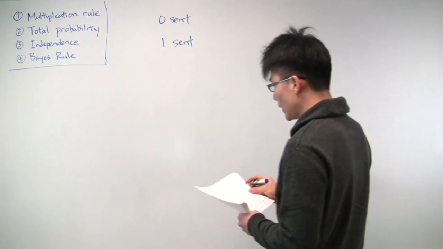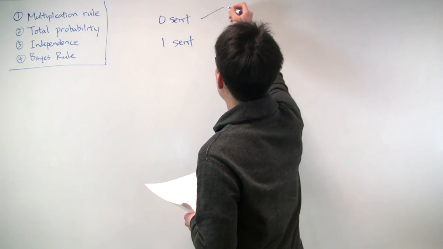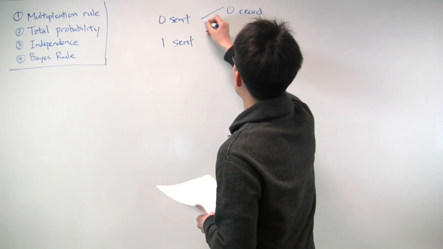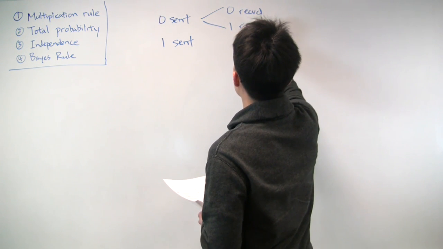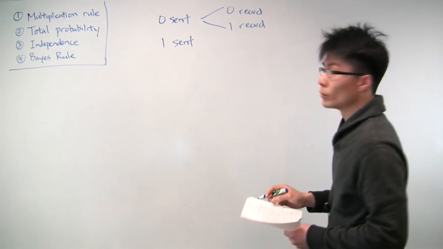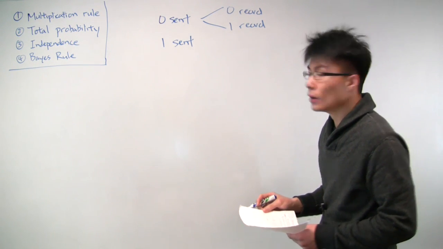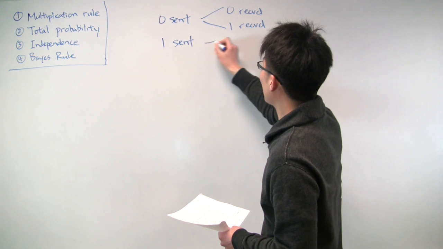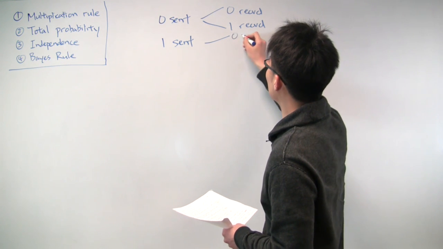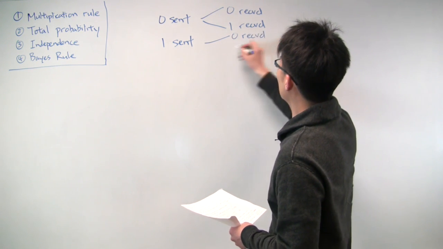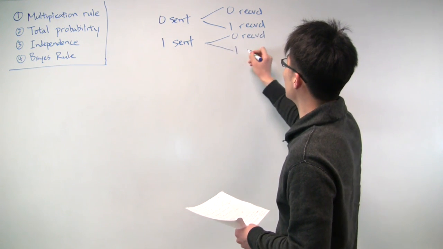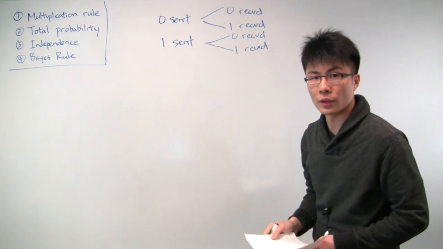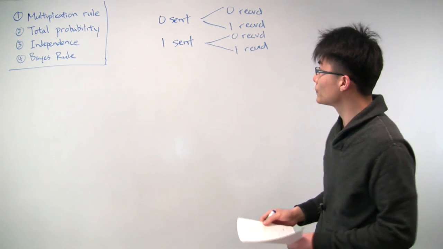And what we know is that on the receiving end, a 0 can either be received when a 0 is sent, or a 1 can be received when a 0 is sent. And when a 1 is sent, we can also have noise that corrupts it and you get a 0 instead. Or you can have a 1 being successfully transmitted.